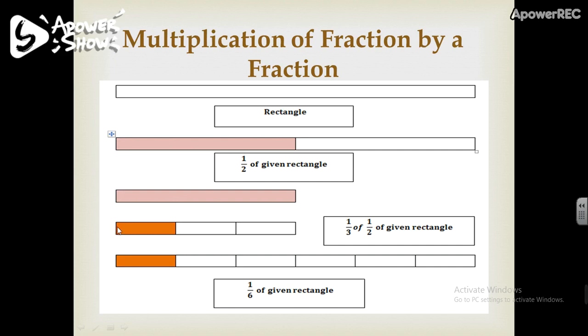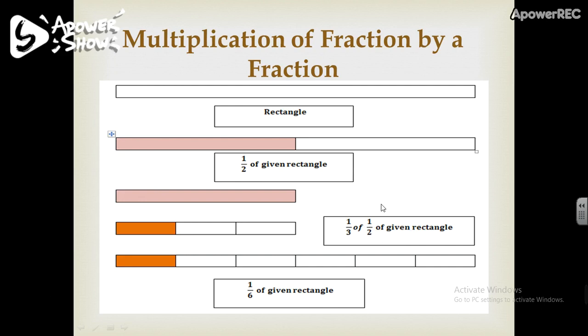Once again, this shaded portion represents 1/3 of this rectangle and this rectangle represents 1/2 of this bigger rectangle. So if we combine these two sentences, then we get this shaded portion represents 1/3 of 1/2 of the given rectangle.